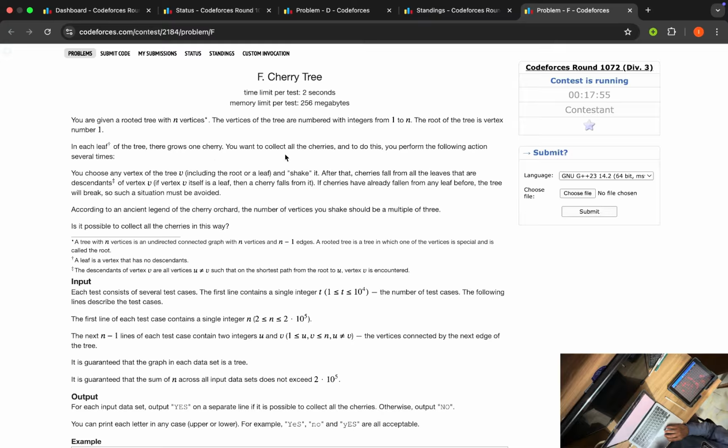You want to collect all cherries, and to do this you perform the following action several times. You choose any vertex V of the tree, including the root or a leaf, and shake it. After that, cherries fall from all the leaves that are descendants of V. If V itself is a leaf, then the cherry falls from it.